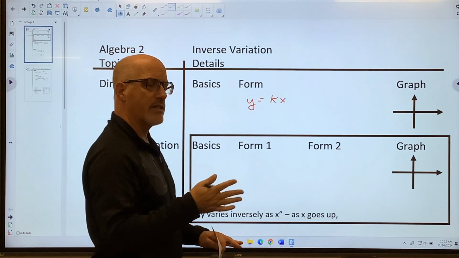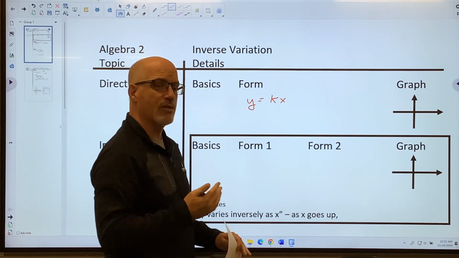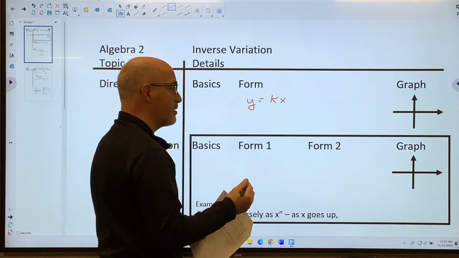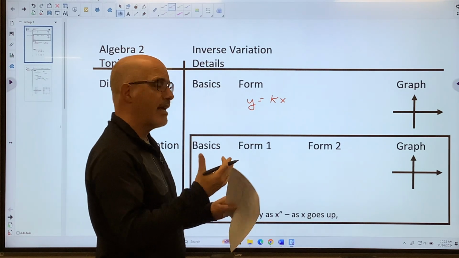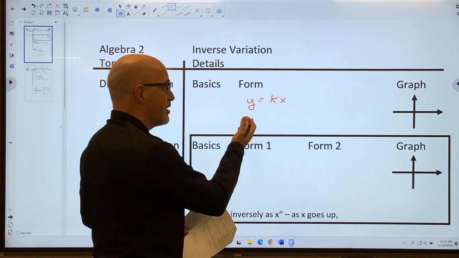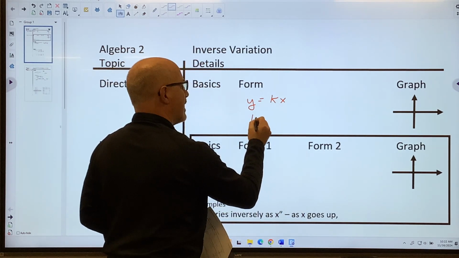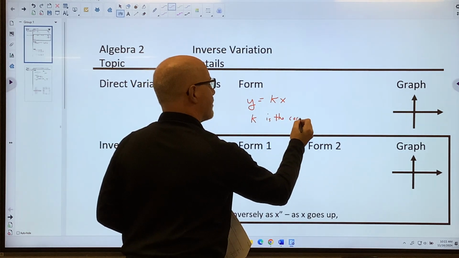Now, when we studied linear equations, oftentimes instead of a k, we used m for slope. k represents the slope, but to be consistent with how we're going to use k as the constant for inverse variation, we can substitute it in here, where k is the constant of variation.